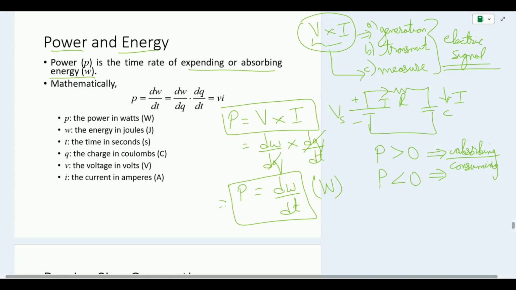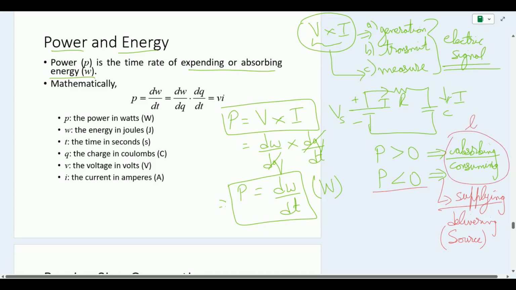And if we have a scenario where the power is less than 0, we say in that case that the element is basically supplying the power, or it is delivering the power. So we say that this is acting as a source because it is giving energy, and the scenario where power is greater than 0 is some kind of a load. Any electronic appliance like a light bulb or fan, we technically call these loads. So this is where the power basically comes into play.